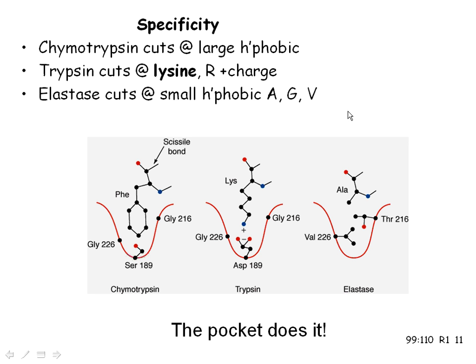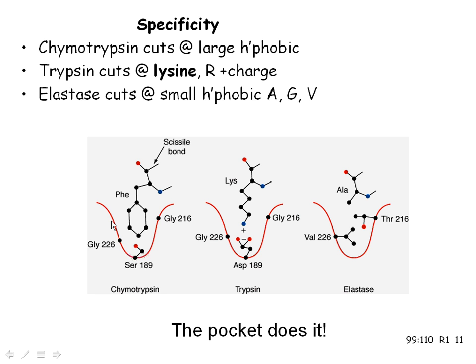So we've talked a little bit about the catalytic residues at the active site. They actually are involved in changing the height of that free energy change for the intermediate. But the other thing about enzymes is that they're specific, that they can make one thing react but not another one. And these give us sort of a clue to that. You don't need to remember which ones do which, but the fact that they do things as different as hydrophobic things or positively charged ones or small ones is accomplished by the fact that in addition to the catalytic residues, which are actually doing the catalysis part, if you like, there is a substrate pocket that confers specificity.